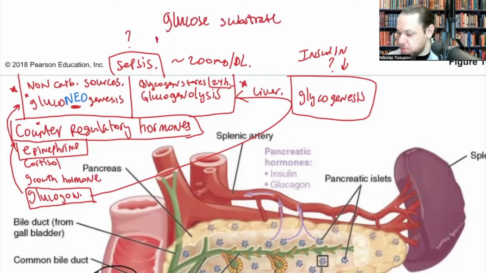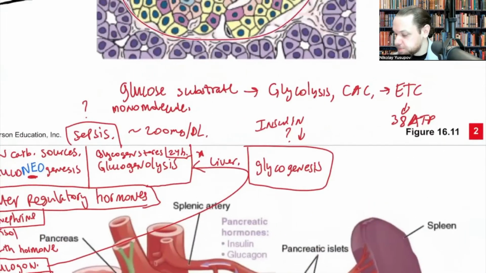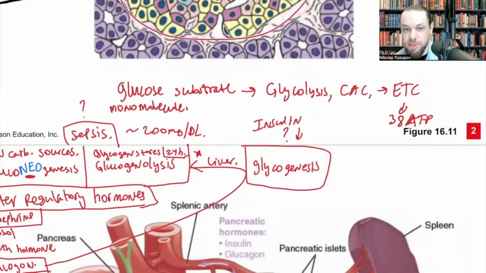It's a monomolecule, and we need that for glycolysis and for your citric acid cycle and then the electron transport chain. The whole goal of this is to make these 38 ATP, right? So that's why we need to get this into the circulation so that we can utilize it, right?